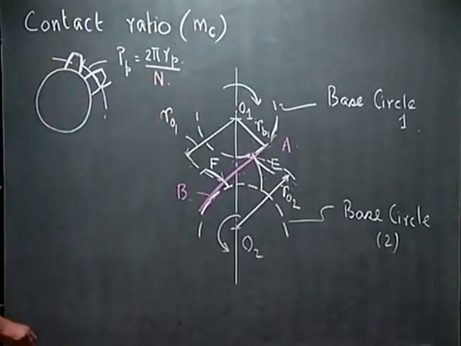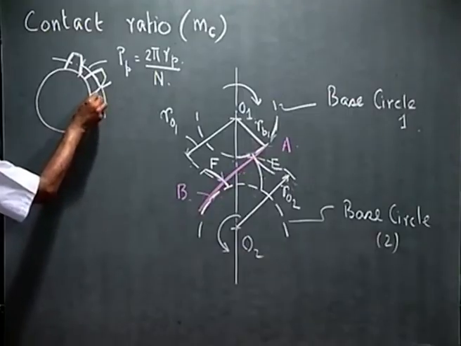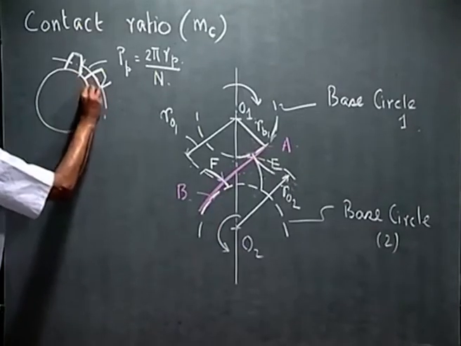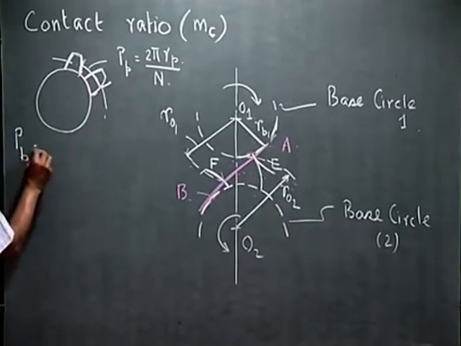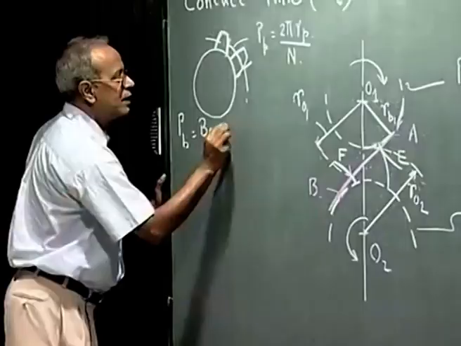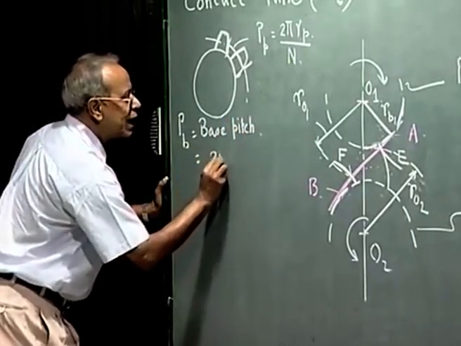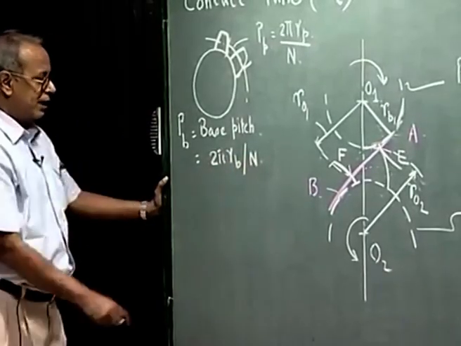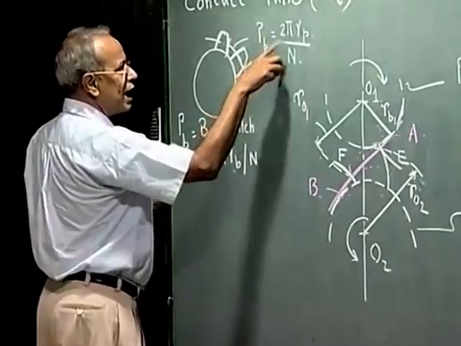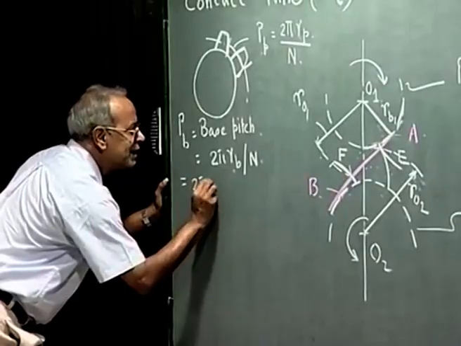Similarly, you can define base pitch, that is this point and the identical point on the next tooth, but on the base circle. This distance is called the base pitch. We call it PB, base pitch. That is 2 pi base circle radius divided by n. And if you remember, RB is nothing but RP cosine phi, where phi is the operating pressure angle.